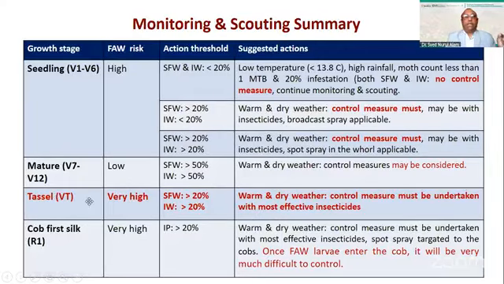I'm telling you, this tassel stage. During that time, if there is warm and dry weather, the control measure must be undertaken with the most effective insecticide, because if the infestation is high then, the cob infestation will also be high later on.